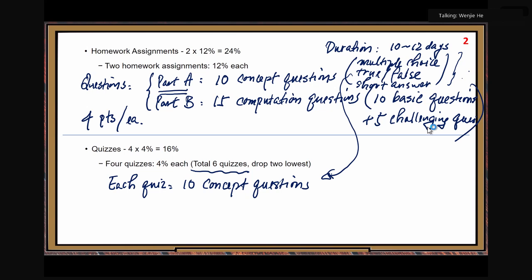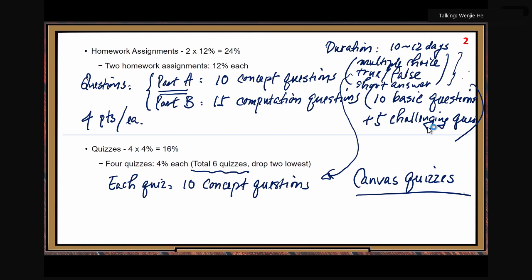But here I use the Canvas quiz. I run the quizzes in Canvas. So it's the Canvas quizzes. Auto grading. I enter the answers, then the Canvas quiz tool will do the grading automatically.